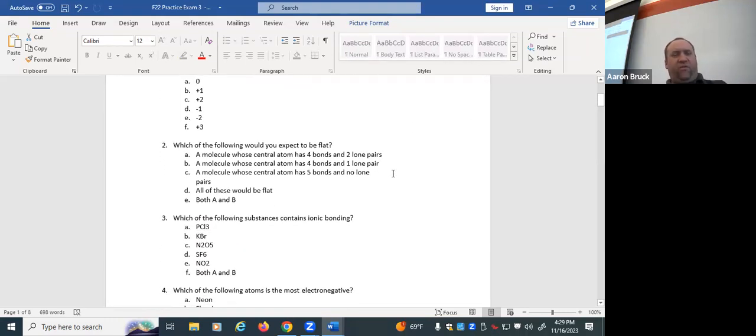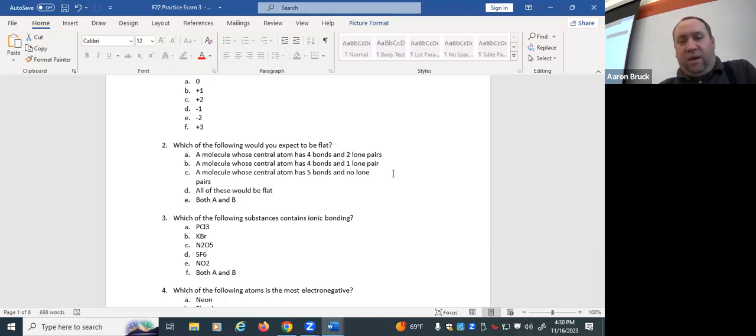All right, which of the following would we expect to be flat? So we're looking for some kind of a planar structure here. What we have to think about is, in examples A, B, and C, what are the steric numbers?